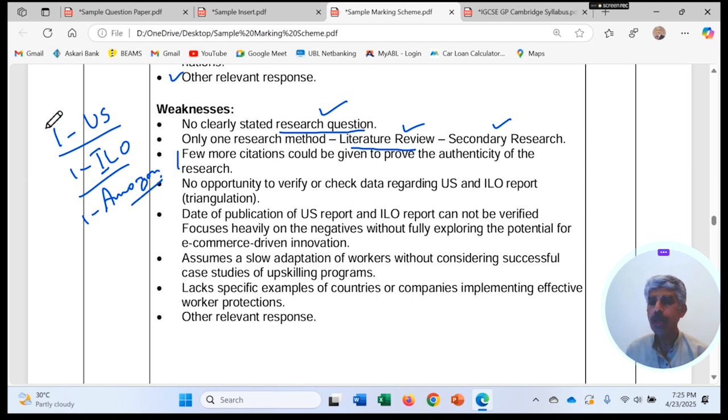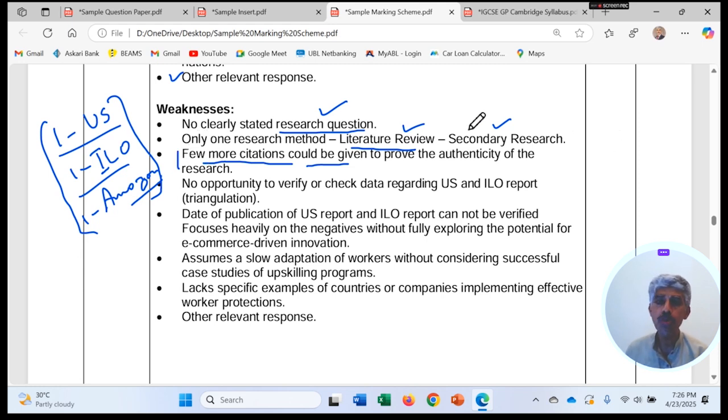So it means that 3 citations are given in that particular extract. It says that few more citations could be given to prove the authenticity of the research. So this is the weakness, that it carries fewer citations, right? So weakness. And only one research method, literature review, is used. Again, this is the big flaw or weakness.